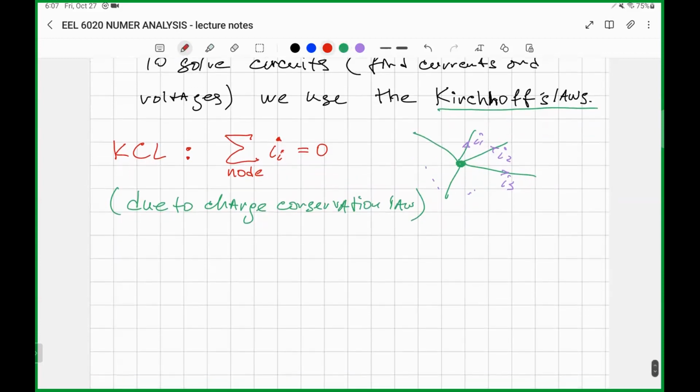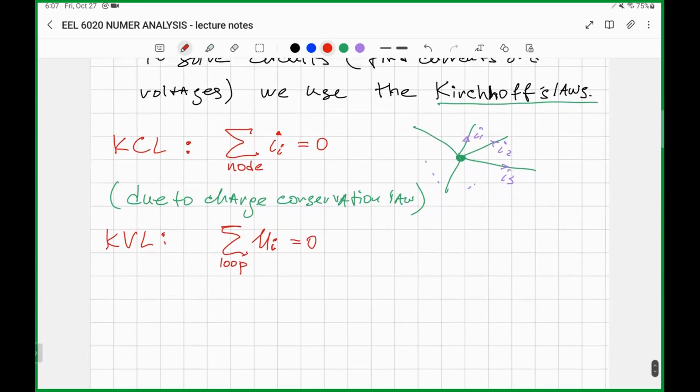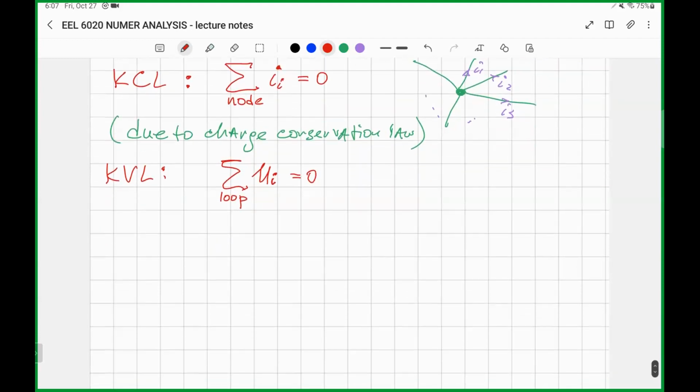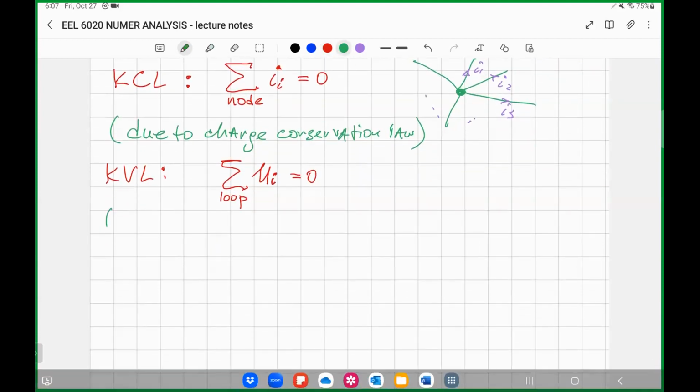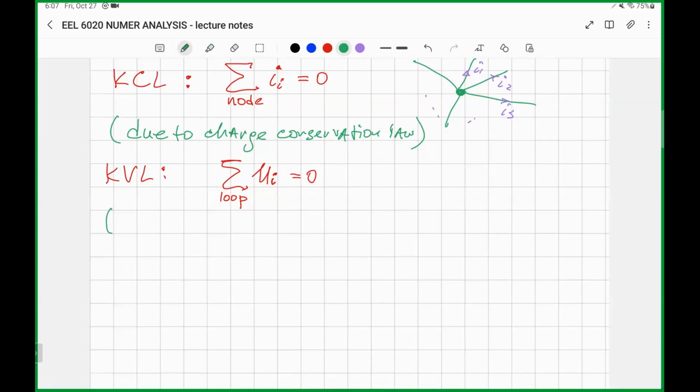There is another one, known as Kirchhoff's voltage law. And this is the statement that the algebraic sum of all voltage drops in a closed loop of a circuit is also equal to 0. And this is a manifestation of what? Of the energy conservation law, right?